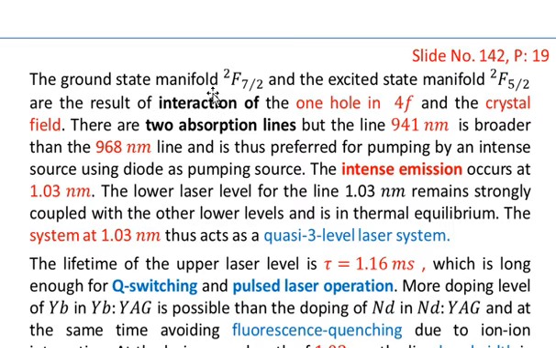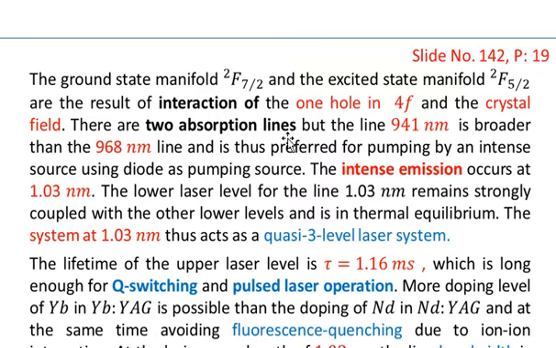The ground state manifold, which is 2F7/2, and the excited state manifold, which is 2F5/2, are the result of interaction of one hole in the 4f shell and the crystal field.